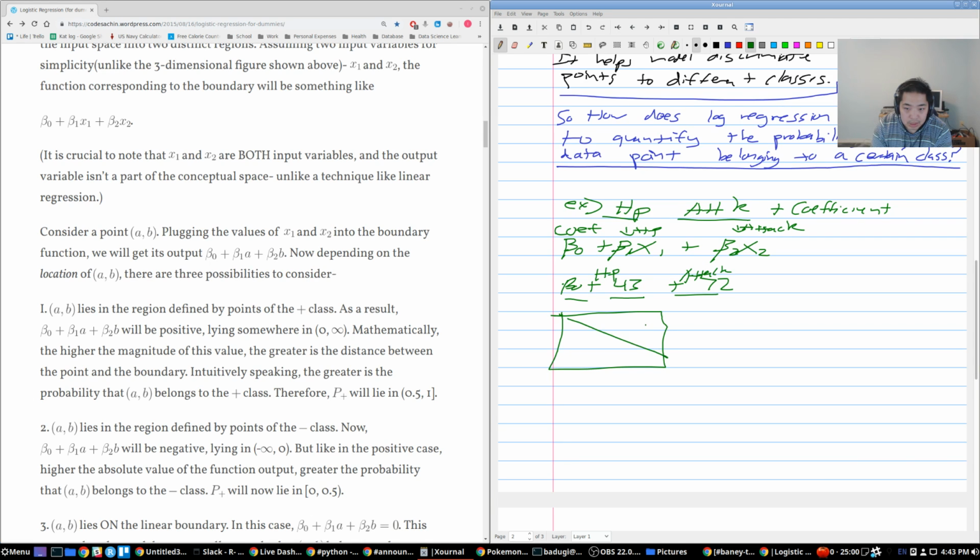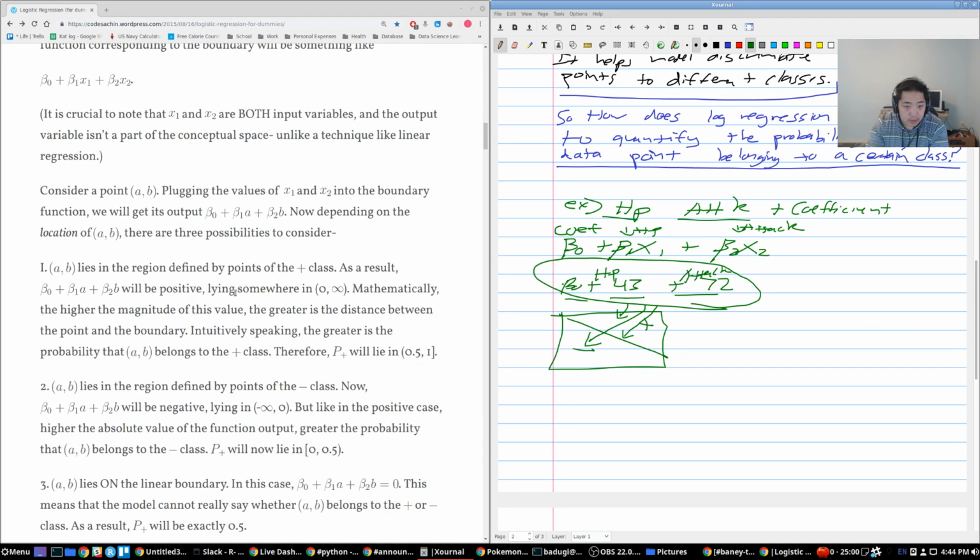So let's say this is the plus class right here, and this is the minus class. This thing right here could either be here, or even on the line, which is 0.5. That's what it's basically saying. It's not really explaining how exactly it calculates the probability, but it tells us it calculates the probability that it's on the plus or the minus.